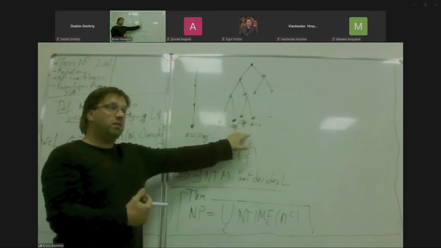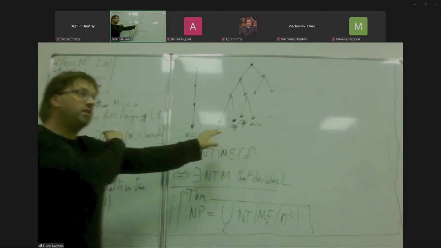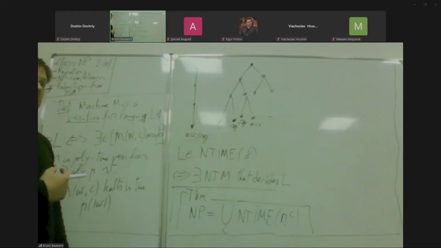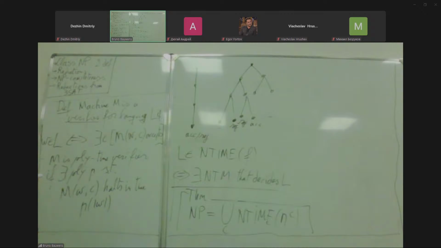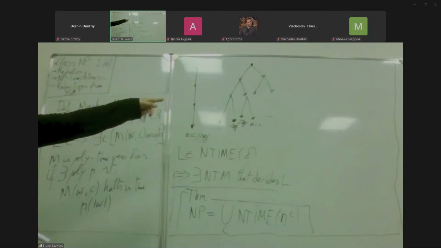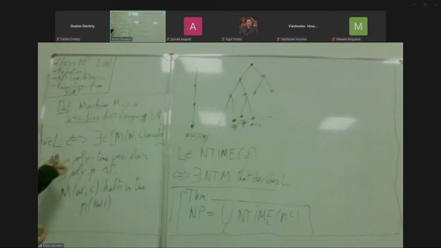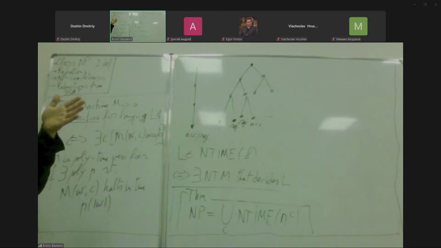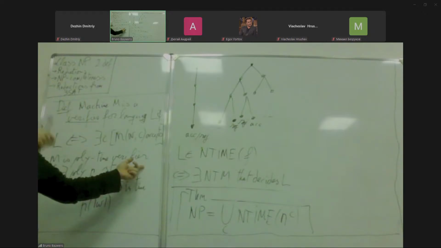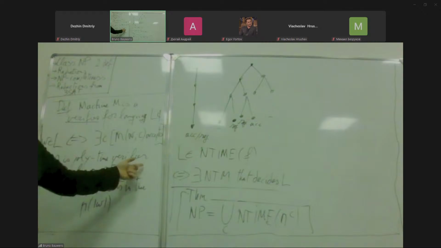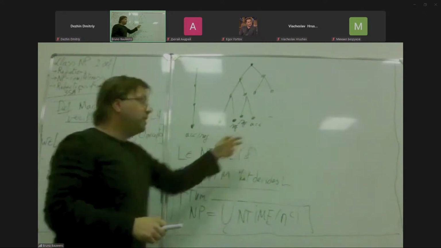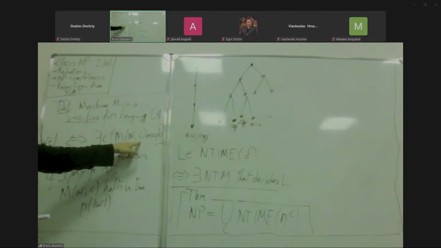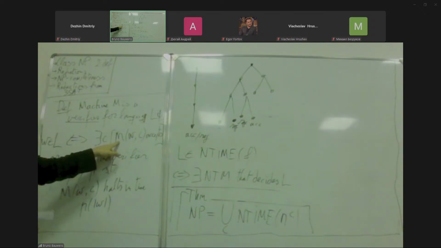If we have such a machine, how could we create a verifier? Exactly, the certificate is a branch in the tree. The verifier simulates the non-deterministic machine, but to know which transition function it will use, it looks at the next bit in the certificate. We know that this machine runs in polynomial time, so the length of the certificate is polynomial, and the verifier just checks polynomially many steps.